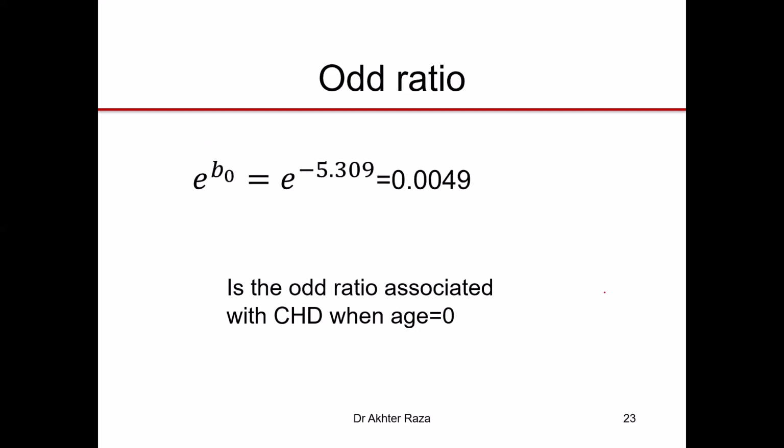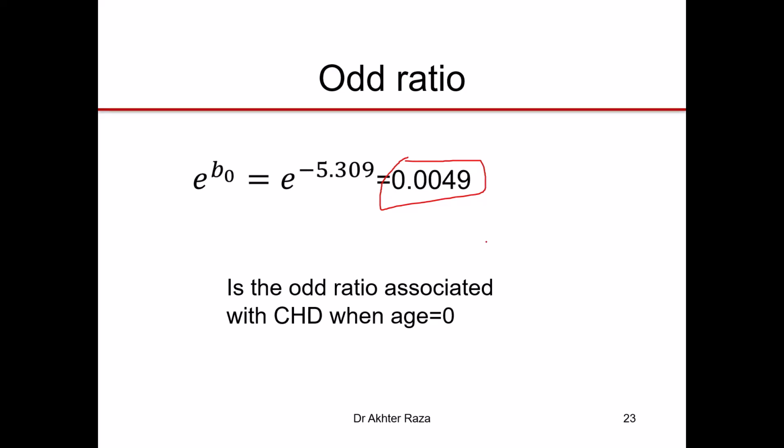Similarly, the intercept. If I compute e raised to the power b naught, which is e raised to the power minus 5.3, this is equal to 0.0049. It means if age is 0, then the risk of having the CHD in terms of the odd ratio is 0.0049.